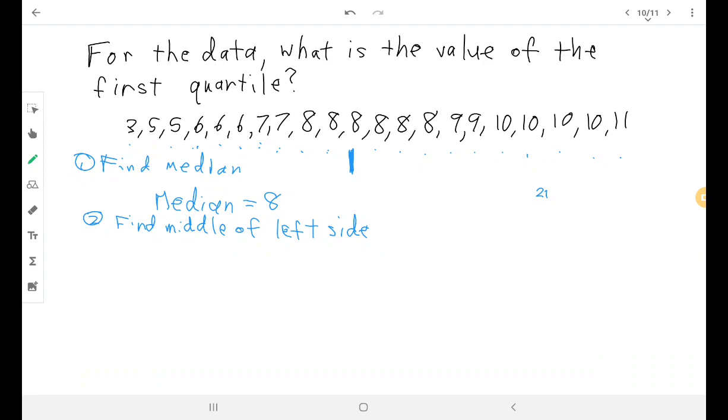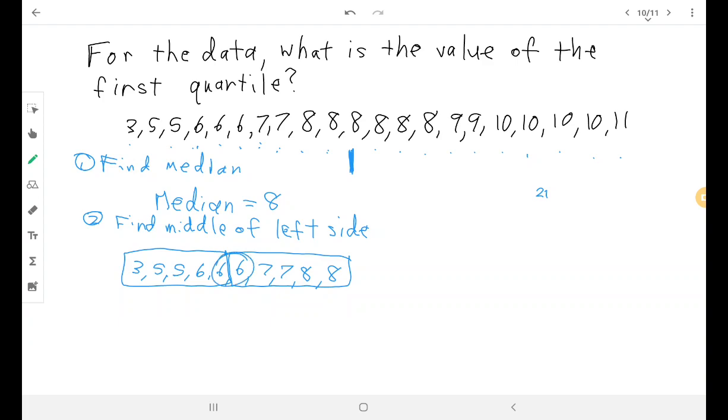So now we've got, in there, let me write them again, 3, 5, 5, 6, 6, 6, 7, 7, 8, and 8. Okay, and there's 10 of them, so we've got 5 there and 5 there.